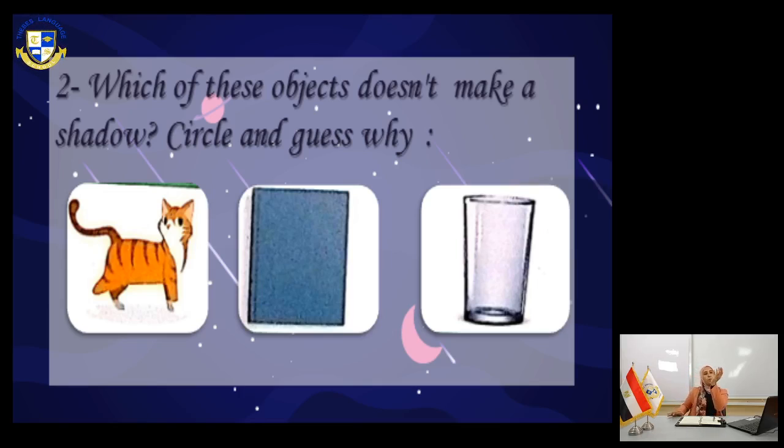When you hold the glass, you can see what's behind it. So this means it is transparent. So the light can go through, not like the other objects, so it doesn't make a shadow. So make a circle around the glass.